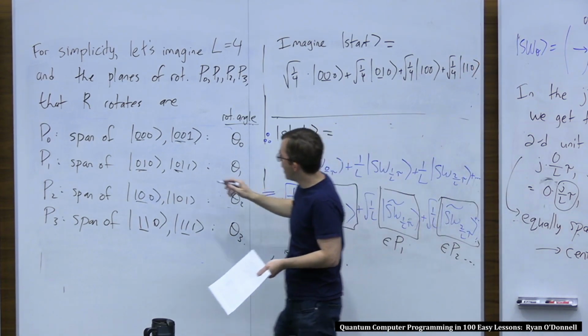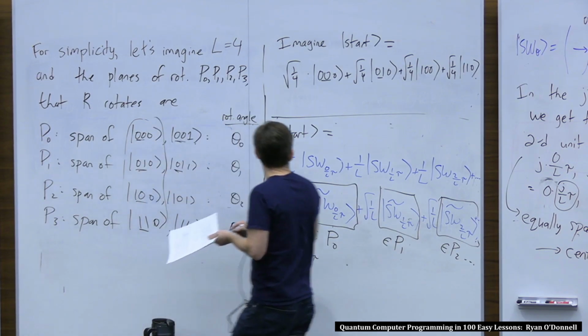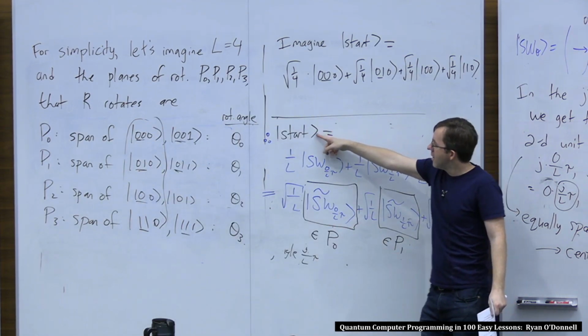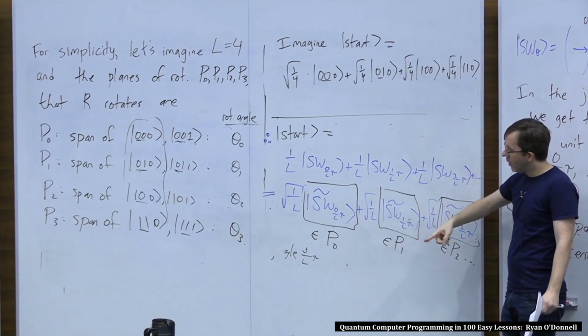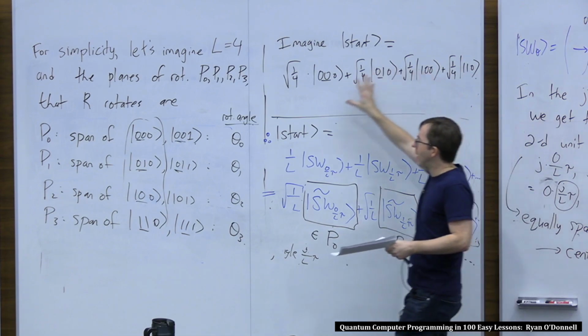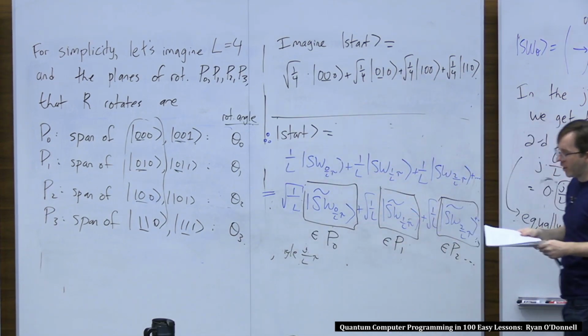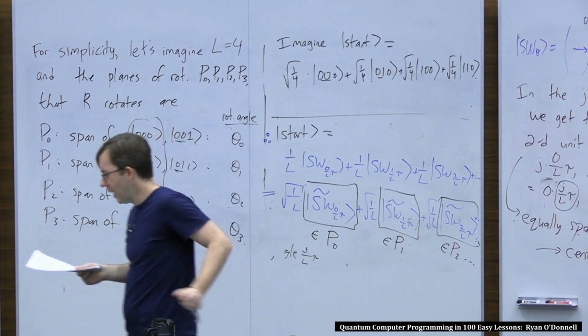Okay, so again, we're just going to imagine that it's the equal superposition of these, which is exactly analogous to start being an equal superposition of the first basis vector in each of the planes. Okay, so what I'm trying to tell you is this picture is exactly analogous to this picture with less notation. So we're just going to prove the analogous theorem for this and be satisfied.